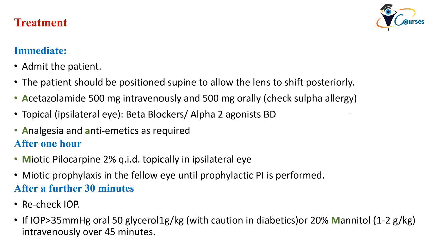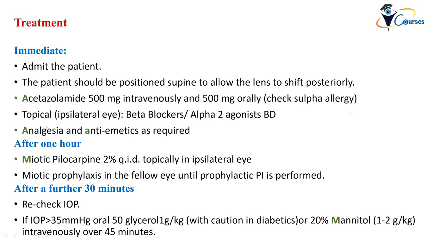The miotic will cause contraction of the iris. It will pull the ciliary muscle, which is attached to the trabecular meshwork, so it will cause opening of the trabecular meshwork. This is one of the few indications of miotics. Miotics are not very common anti-glaucomatous medications, but this is one of the most common uses for them.